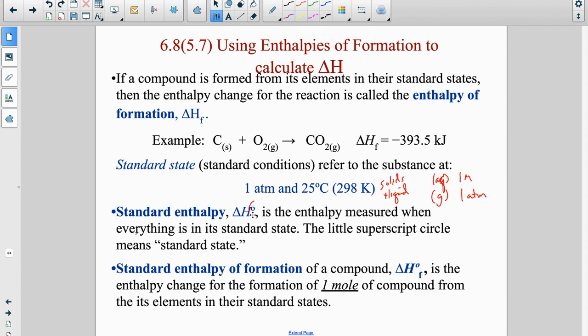So the standard enthalpy with the little circle now means that it's the enthalpy measured when we're in the standard state. Everything's in the standard state. And that's what that little superscripted circle means. And then the standard enthalpy of formation is when we form 1 mole of a compound from its elements in their standard states.